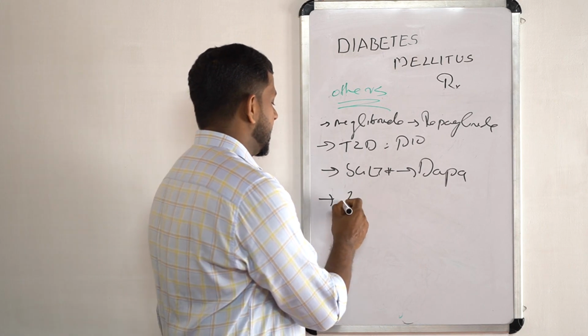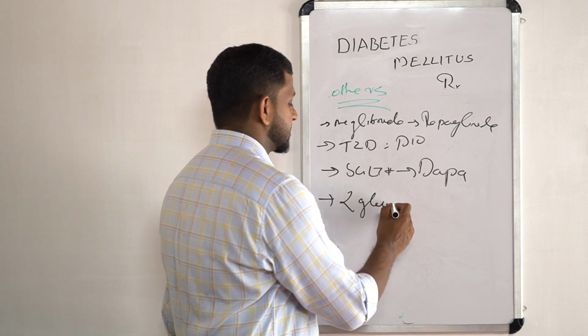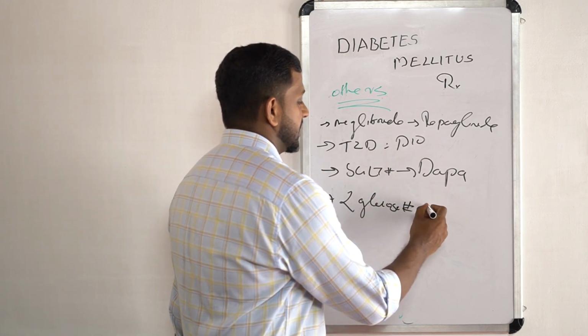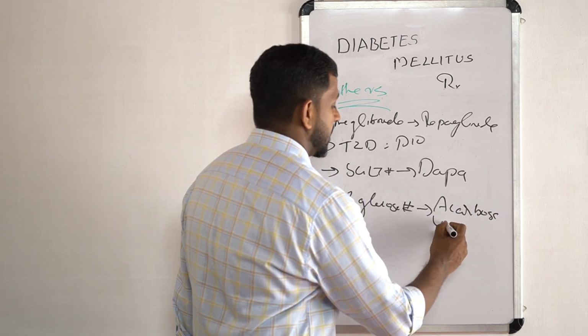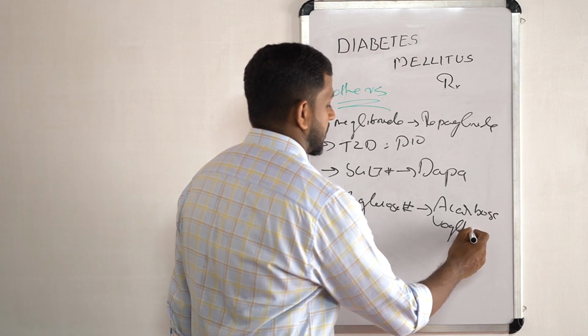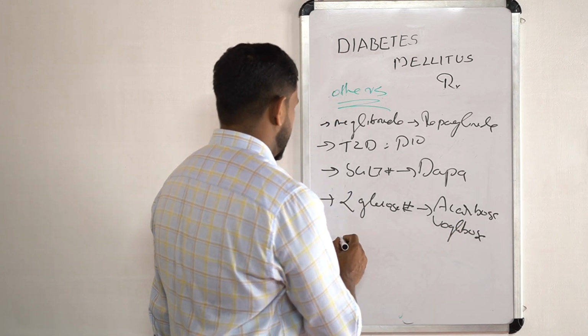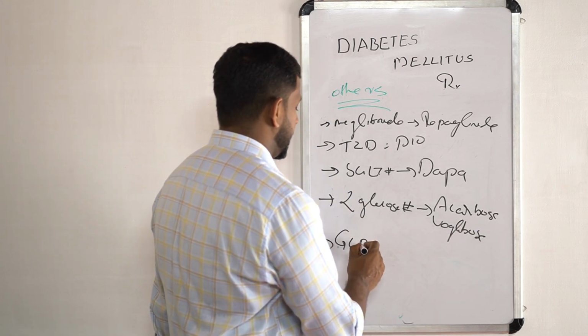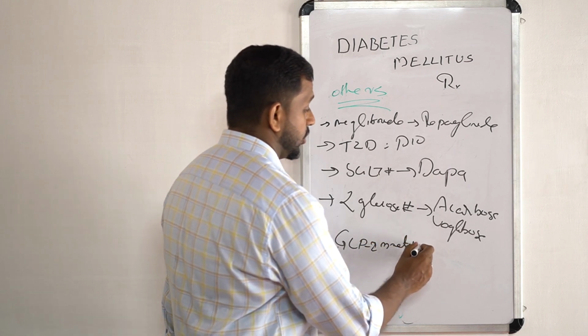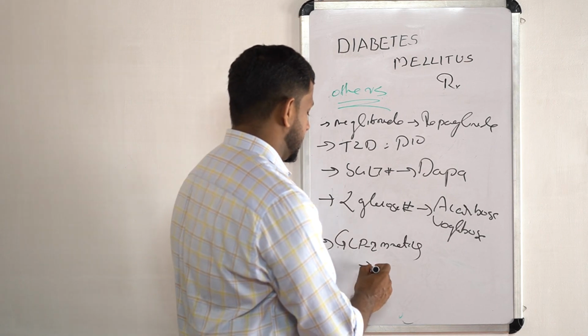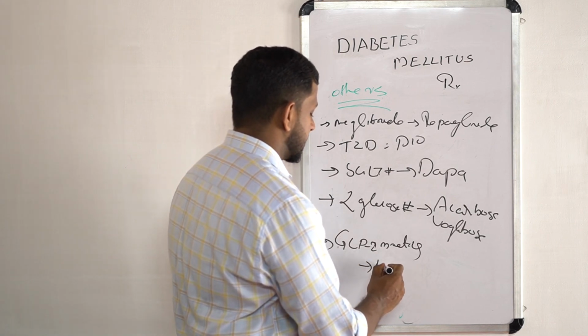Then it is alpha glucosidase inhibitors, that is acarbose or voglibose. And then we can select GLP-1 analogues, but it is not oral, it is injectable, that is liraglutide.